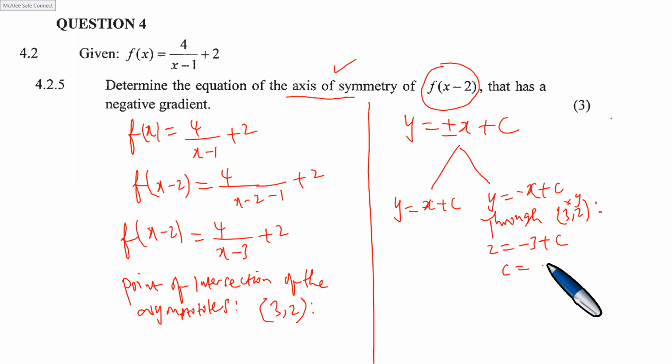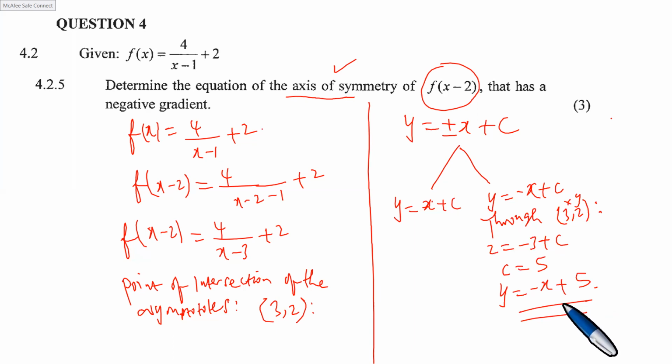If we transpose everything, we see that c is equal to 5. So our c is 5, and that is the answer to this. That is the equation of the axis of symmetry that has a negative gradient.